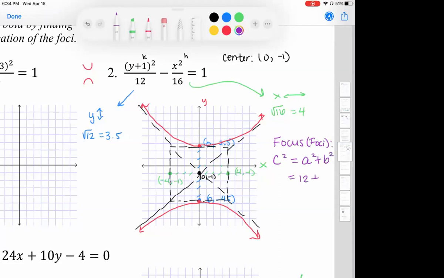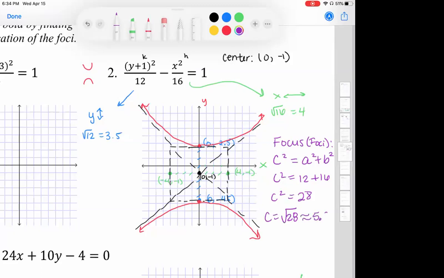So we have 12 plus 16 gives us C squared. 12 plus 16 gives us 28. All right, we take the square root. So C equals the square root of 28. Let's punch that into our calculator. You get 5.29, so 5.3.